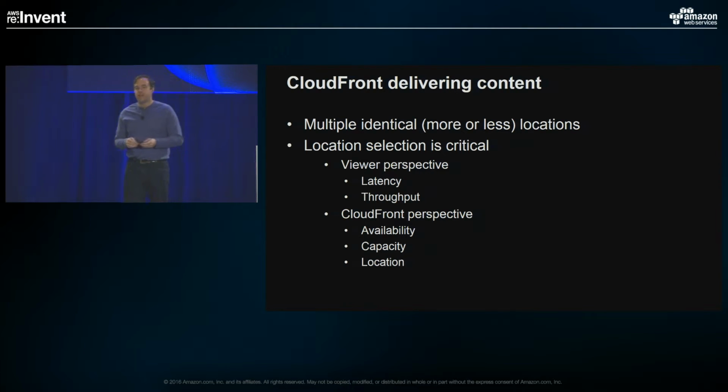In certain metropolitan areas such as New York, I believe we have four edge locations. So being able to detect that this particular location in New York might be busier, and being able to move traffic between locations, is critical in terms of managing our capacity and maximizing that customer experience. And finally, location. We'll talk a bit more about how location factors in, but the location is clearly important.